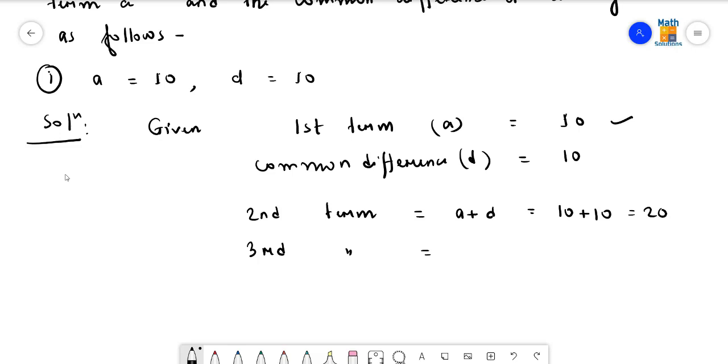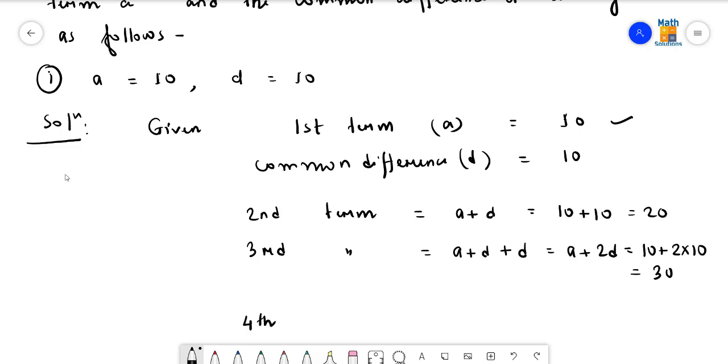Or we can do one more thing. If I write A plus D, that is the result for the second term. With this, if I add one more D, like A plus 2D, then our result will come as 10 plus 2 into 10, which is 30.